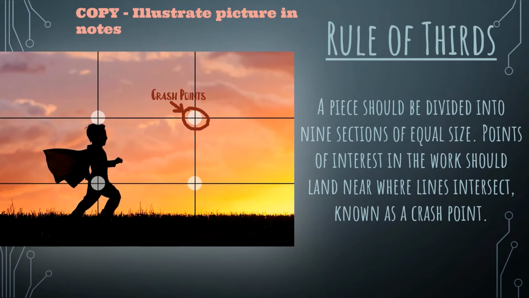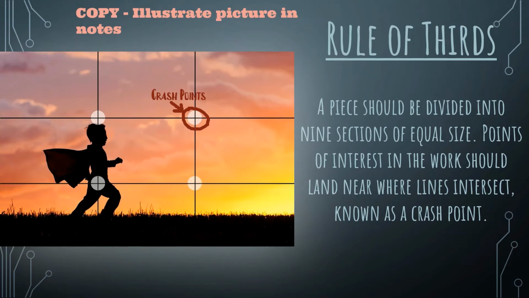One thing photographers use a lot is something called the rule of thirds. So please copy this into your spiral. A piece should be divided into 9 sections of equal size. Points of interest in the work should land near where lines intersect. These lines are known as crash points.